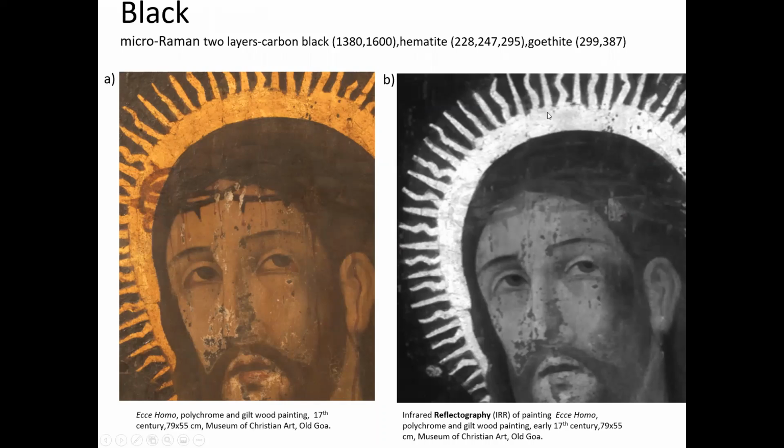As you can see here in the image, we have 2 layers of black pigments. The first is closer to the gold, and another one, this last one, can be a repaint. We don't know, but it is probably a repainting.